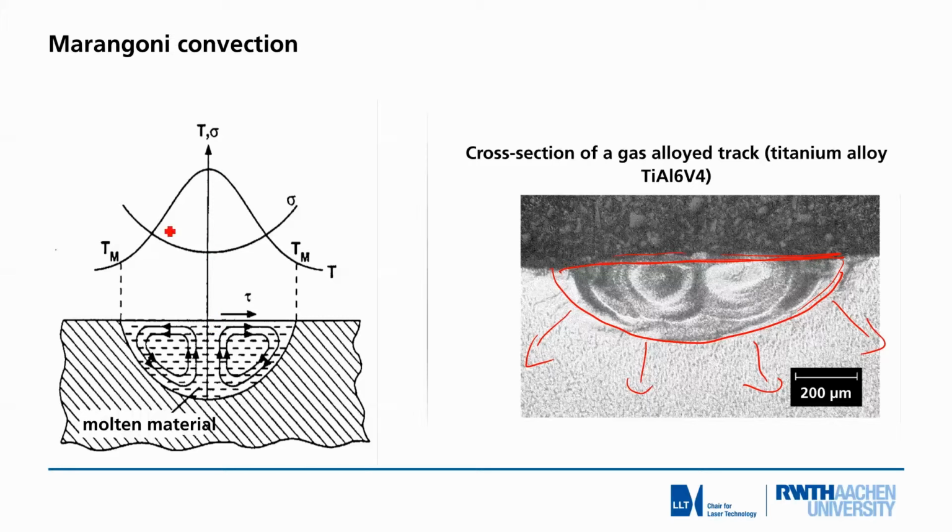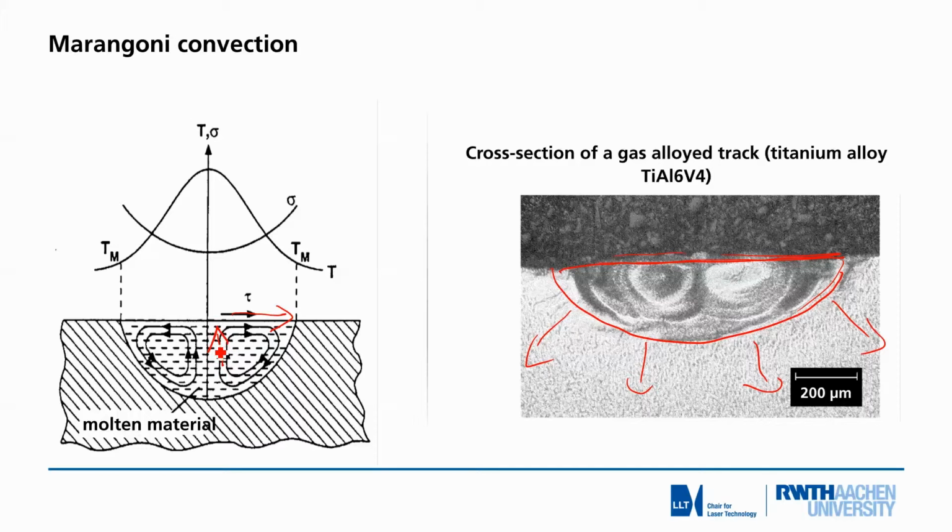The surface tension increases with decreasing temperature, and that results in a motion of the surface particles towards the edge of the melt pool. And of course, as a consequence, if we have a flux towards the edges, we need to compensate for this change in density.